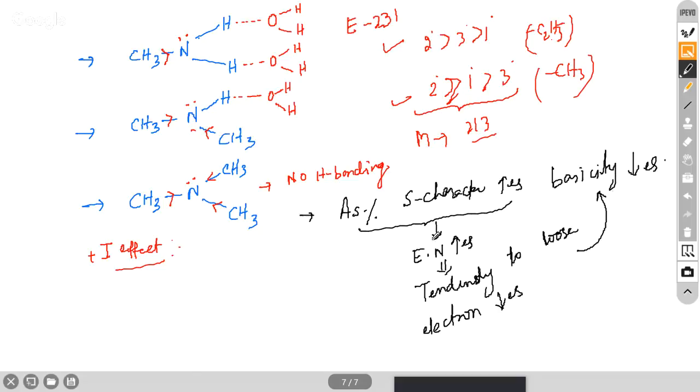Tell me the basicity order of these: CH3 and sp2 with a lone pair, CH3 and a double bond CH, and CH3 with a C triple bond N. What is the basicity order? 1, 2, and 3.